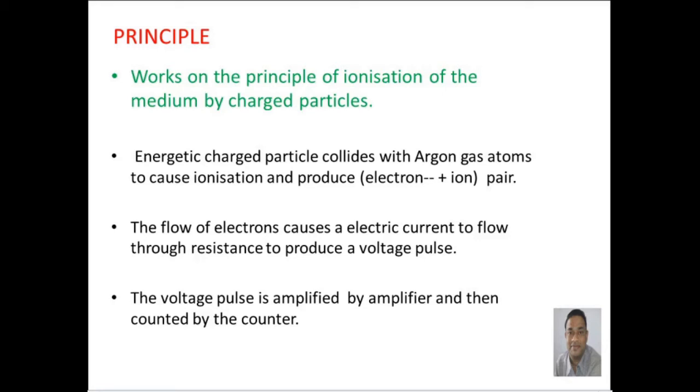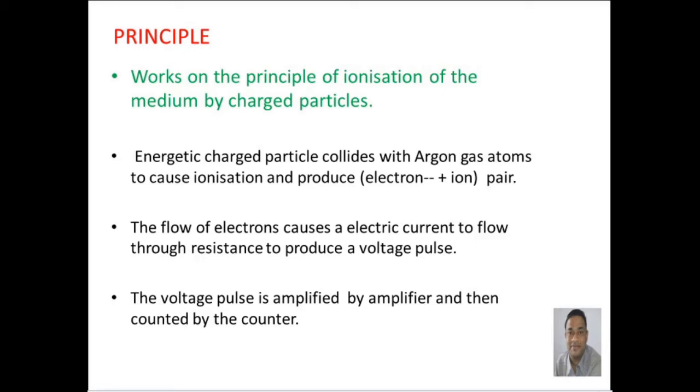The electrons are immediately attracted towards the positive terminal of the voltage source. As a result, the flow of electrons gives rise to an electric current, which flows through the resistance to produce a voltage pulse. Very simple.